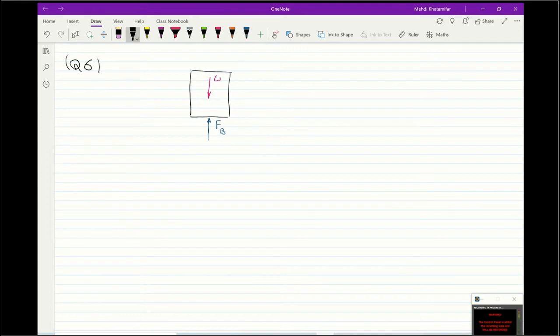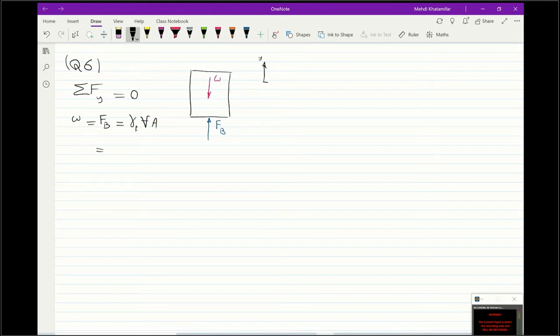So we can say that the summation of forces in the y direction, so let's consider this is the y direction, must be equal to 0. W is equal to FB, and FB is gamma for the fluid times the volume of the solid.